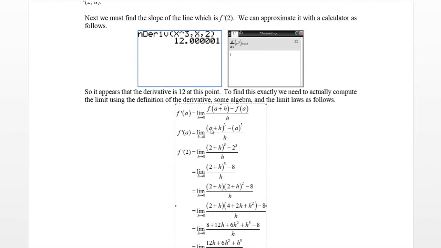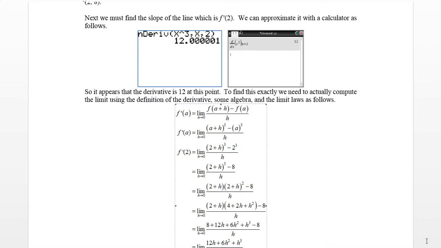So for our particular function, it's f of a plus h cubed minus a cubed over h. Now, specifically when a is 2, that's 2 plus h cubed minus 2 cubed over h. 2 cubed is 8. So here's our basic difference quotient, and then the limit makes it into a derivative.